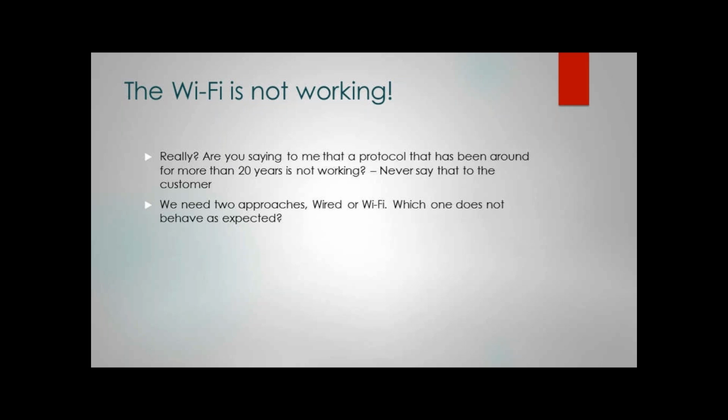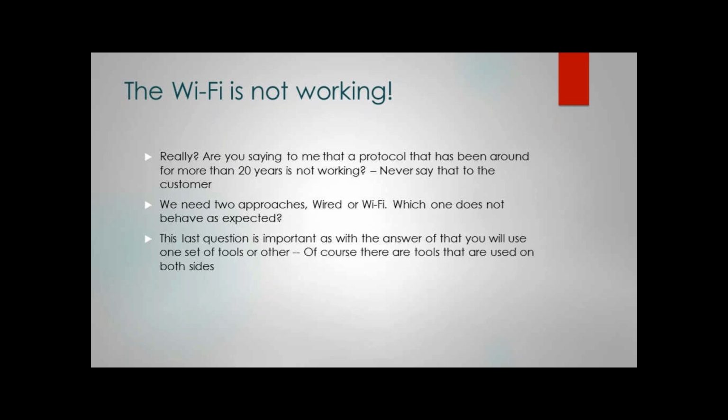We need to understand that in Wi-Fi, pretty much always, we have two approaches: the problems in the Wi-Fi itself and the problems in the Ethernet part of the network, the wired part. Which one of these parts is not working as expected? It's different, so the approach needs to be different as well.